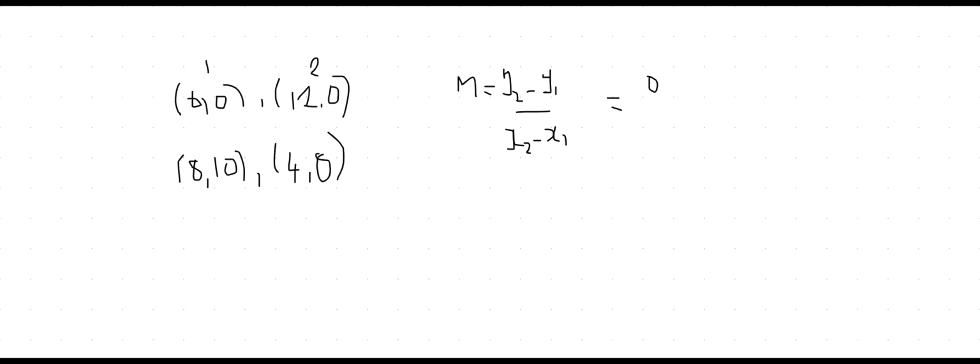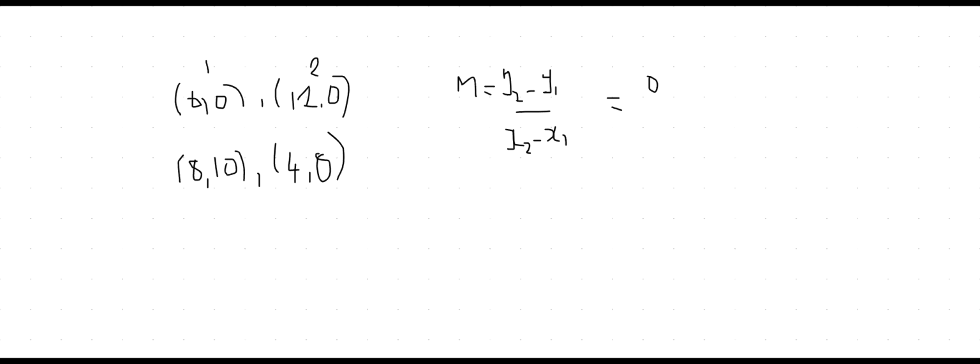Let me check my points again. So point 2 and the first one should be 0, 12 and not 12, 0. So 0, 12 like that.